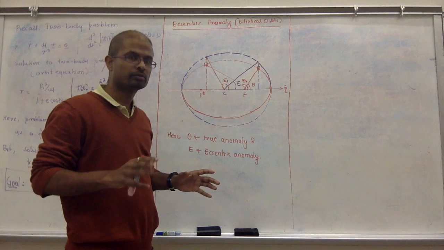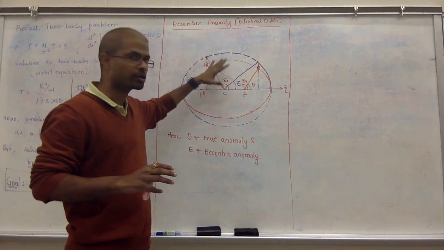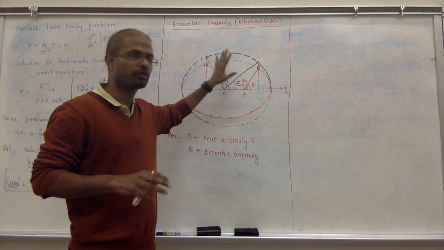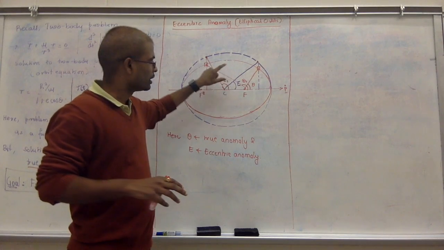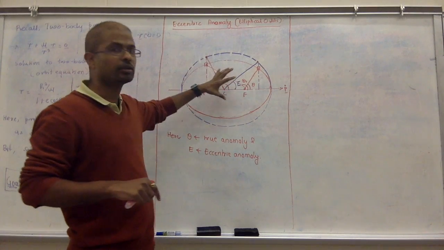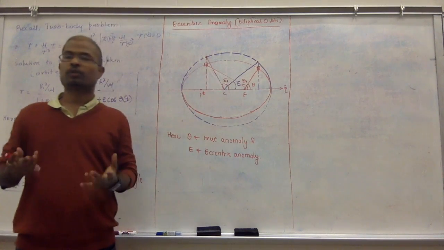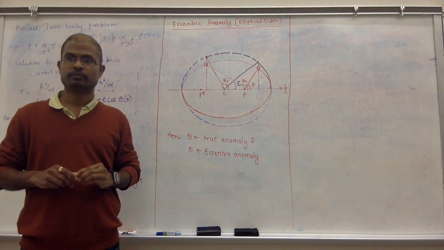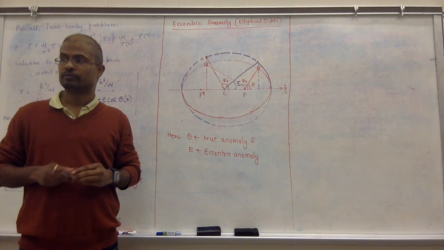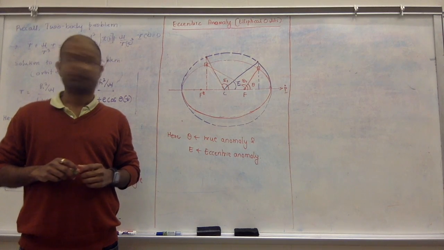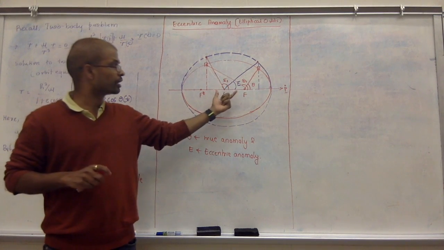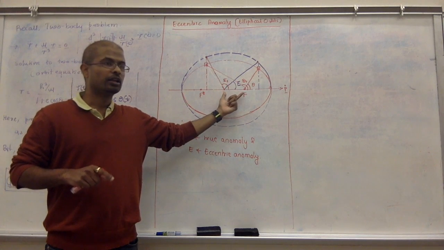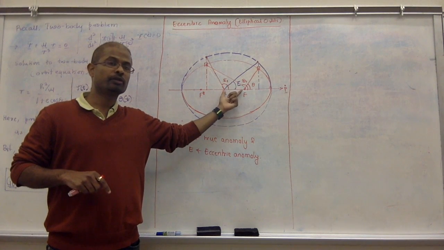It gets a little complicated, but if you understand the concept of eccentric anomaly... See, if it's a circle, what is a property of a circle with respect to orbits? Everything is homogeneous. The radius is the same, which means you can express this as a very simple function of time.